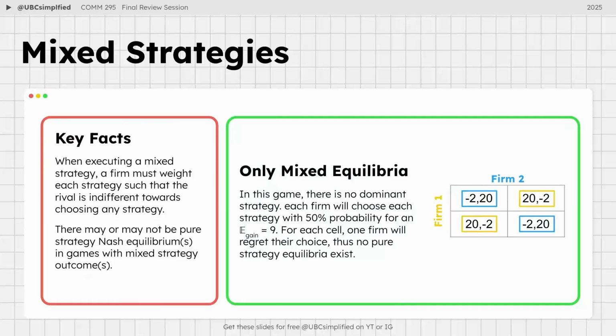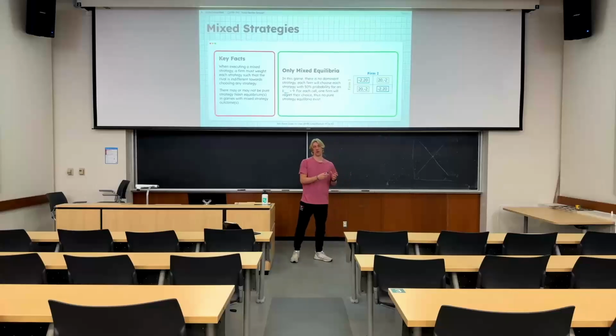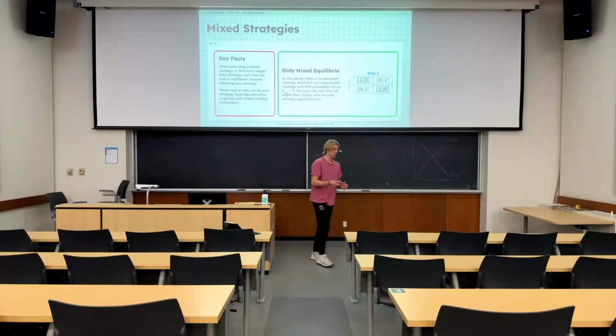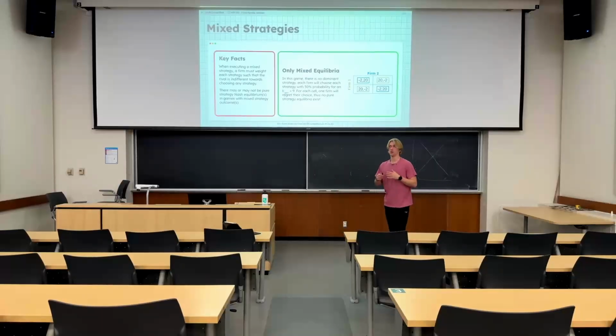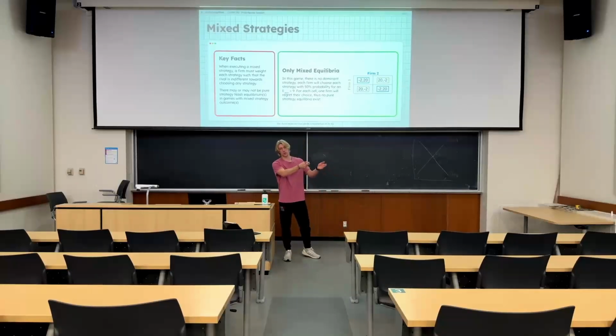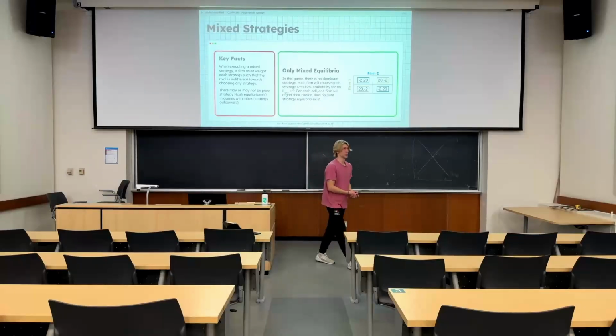Okay, and then mixed strategies, essentially, these are where someone picks between options based on a certain probability, and that probability has to make it so that the other player is indifferent between their options. So that probability will make the other player's expected value between their 2 options equal. So if you're given a question asking whether this probability gives a mixed strategy equilibrium, you have to calculate the other player's expected value between the 2, and it has to be equal between those 2 options.